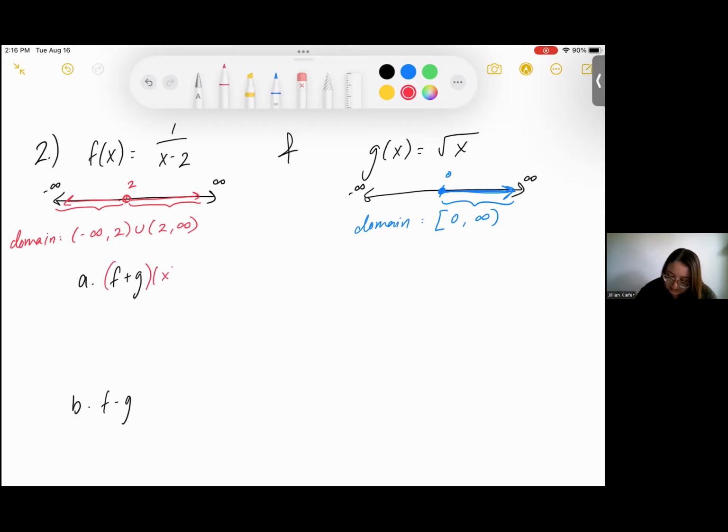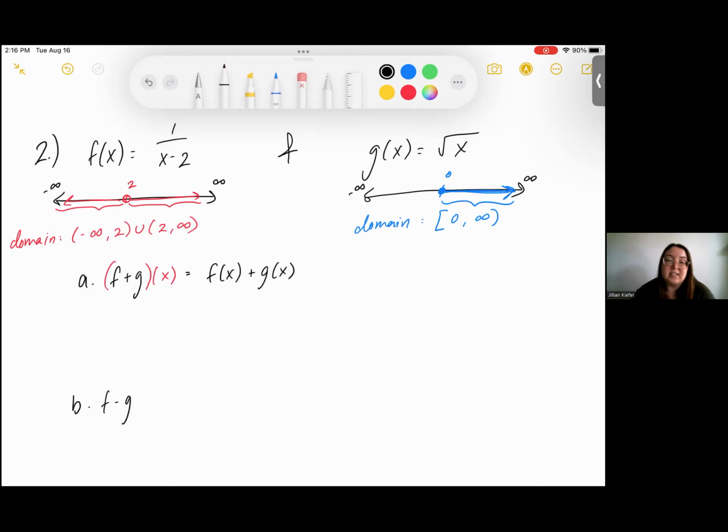So it implies f plus g of x, which we know from a few slides ago is the same thing as f of x plus g of x, like that.